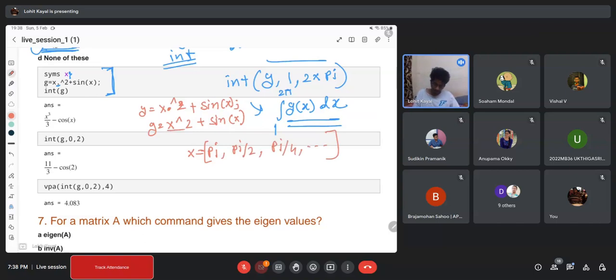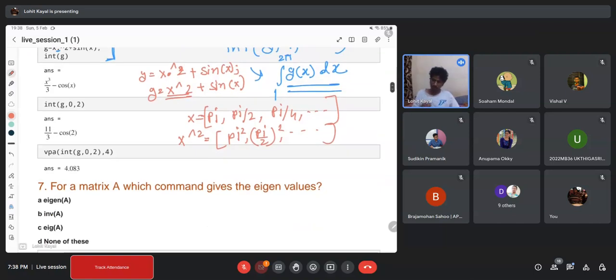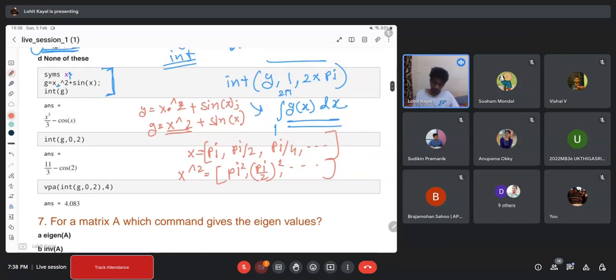If you do this, x square will not work as pi by 2 whole square. MATLAB will not work in this way. If you want to specify to MATLAB that each component will be squared, you have to write a dot like this.